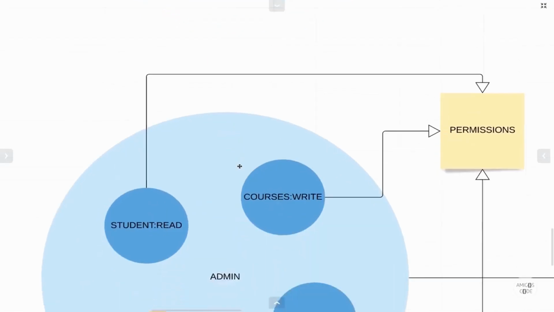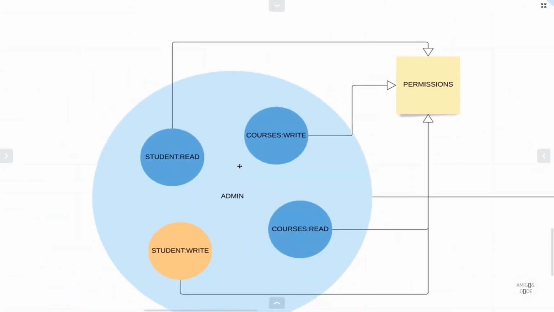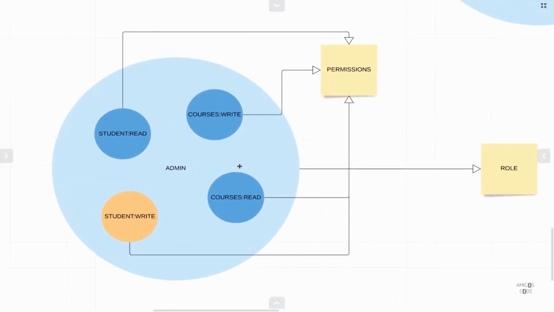Let me show you. If I make this smaller, you can see that these are the permissions: course write, read, student write, and student read. And then admin, the higher level, is the actual role.